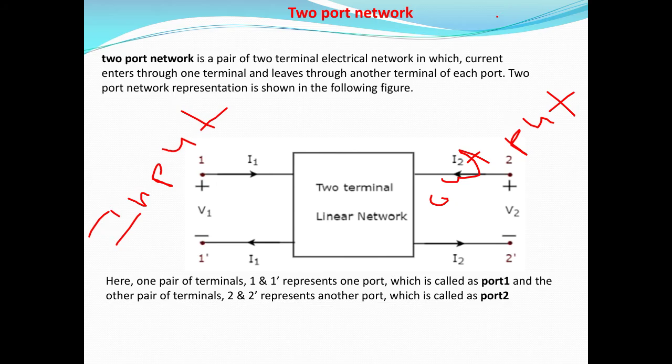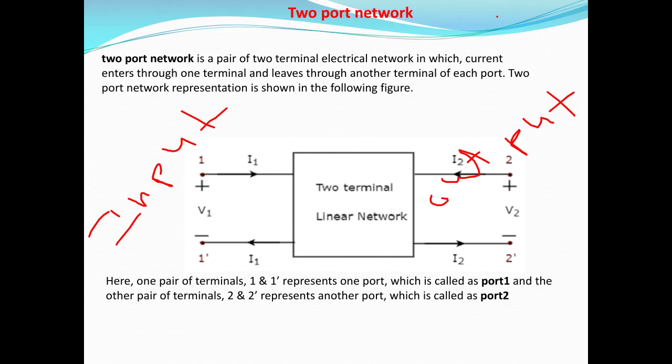In the given figure, a two-port network consists of input port and output port. Voltage at input port is V1, current is I1, and at output port voltage is V2 and current is I2.